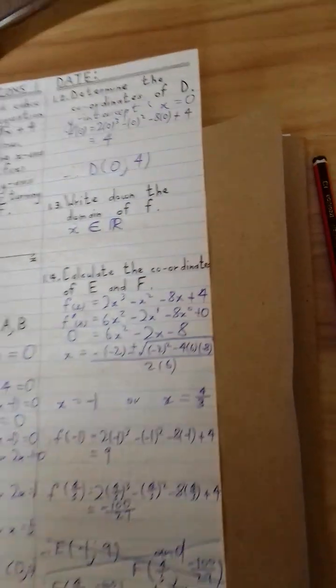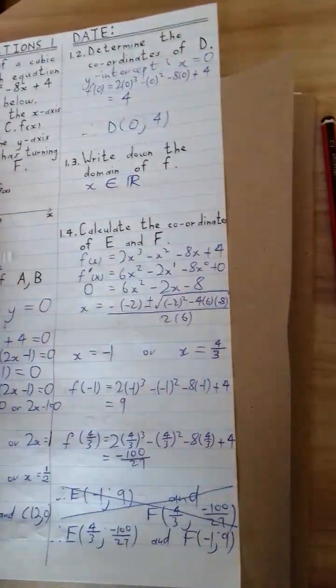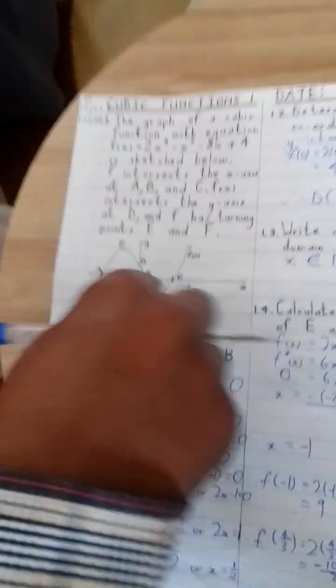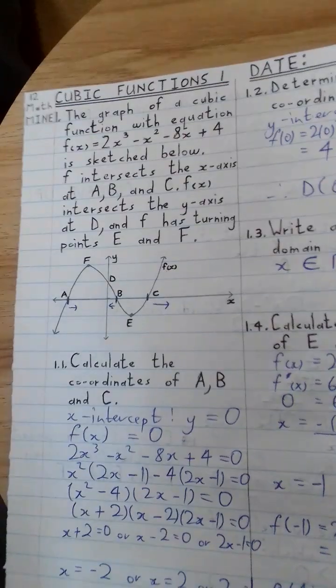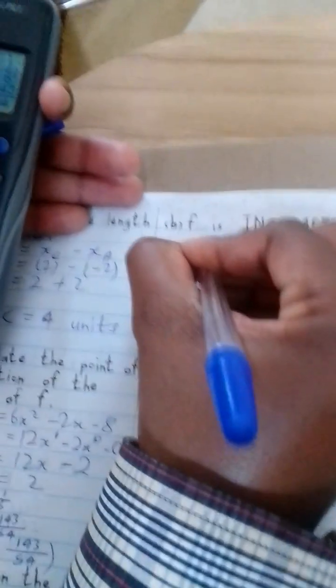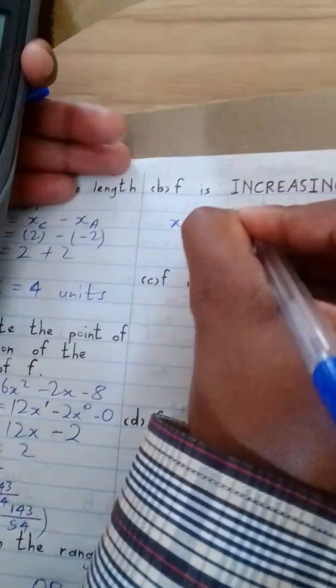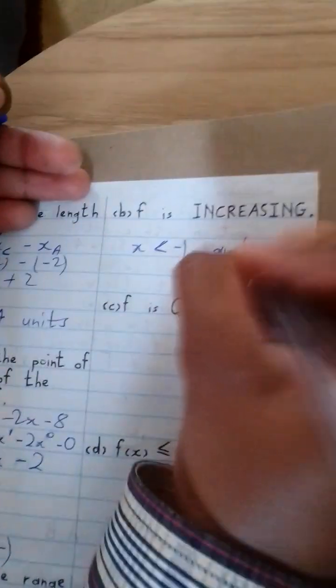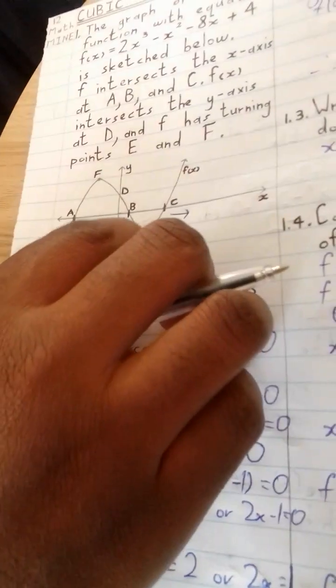So use the x values of the points. Before F it was increasing, right? After F it goes down. So it should be x is less than negative 1 and x is greater than 4 over 3, because after E it goes up.